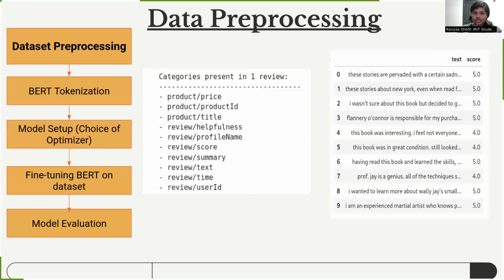For the next step, we are doing the data pre-processing, and this slide shows you what each review had in the dataset. But for our model, our predictions are made based on only the score and the actual text of the review.